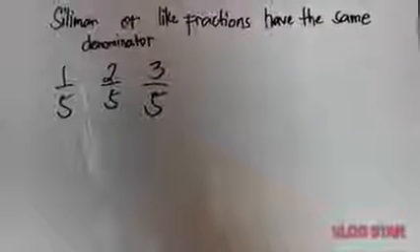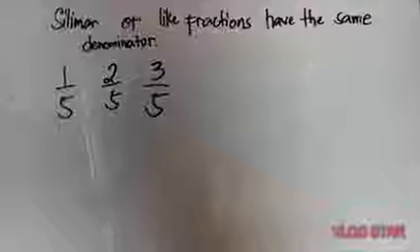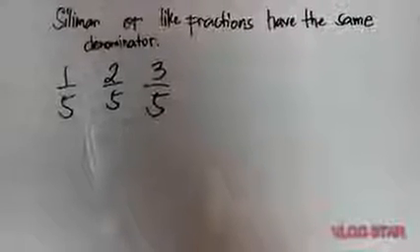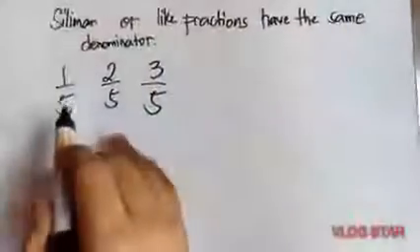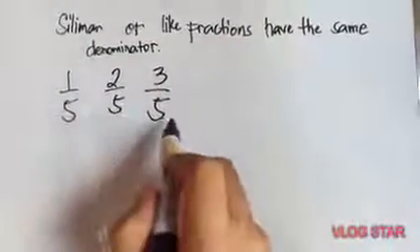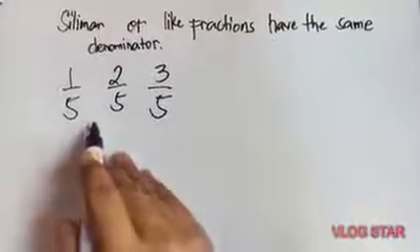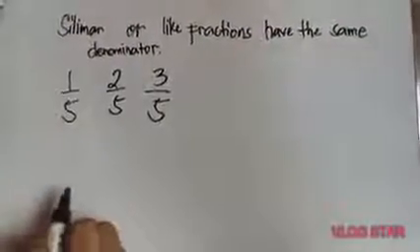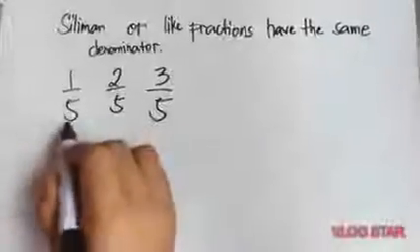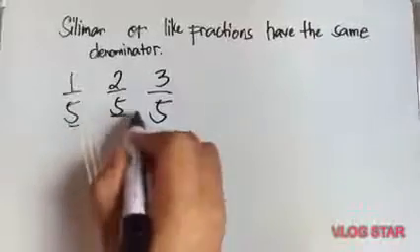When we say similar or like fractions, these are the fractions that have the same denominator. As you can see here, 1/5, 2/5, and 3/5 are examples of similar fractions because they have a common denominator.